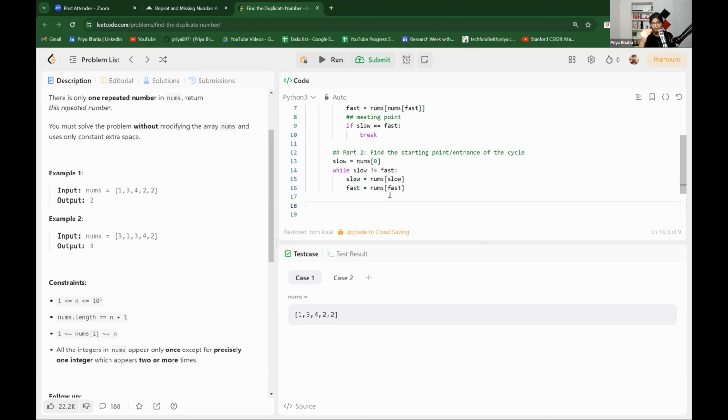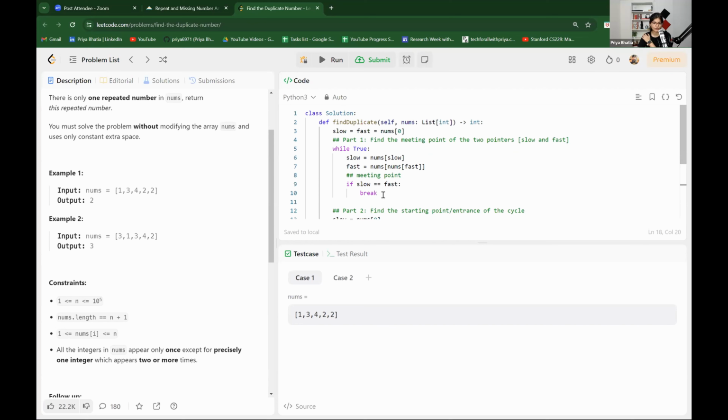When I move out of this while loop, what does that indicate? That now they both met. When they both met, I'll return the fast value. This fast number will indicate the duplicate number value. That is the only thing we're supposed to do.